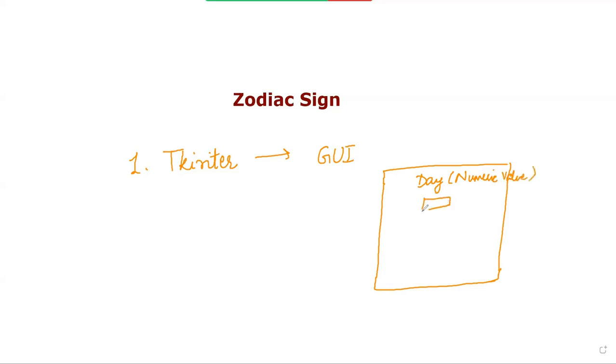Then afterwards, we need to select a month with the drop down. Then there is a button which you have to click to get your Zodiac sign in the text field.